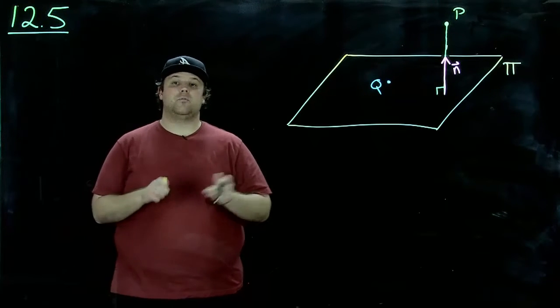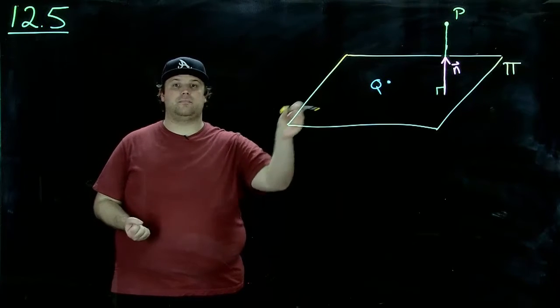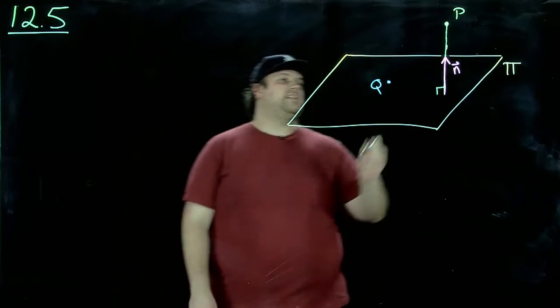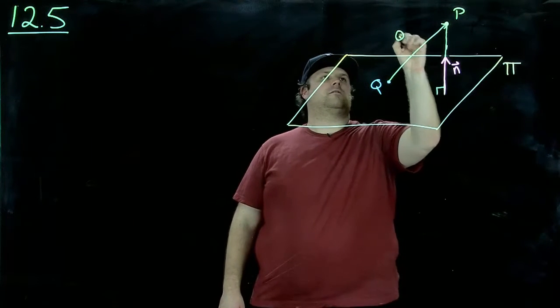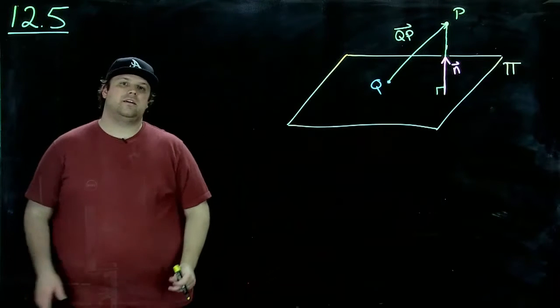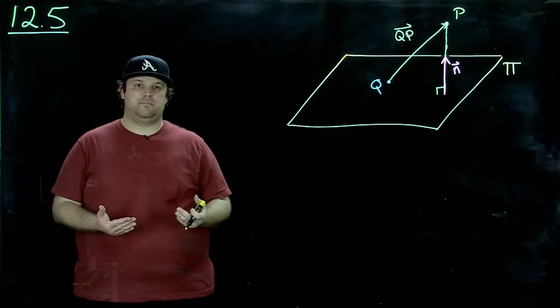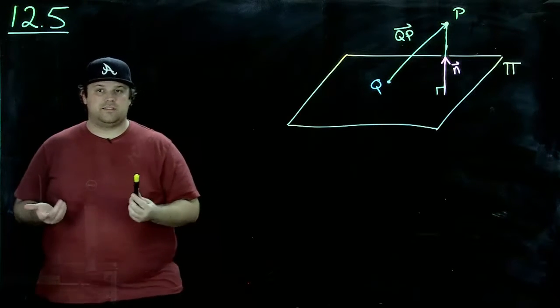Well, we now have a connection we can establish between the plane and the point. And that's this displacement vector here, QP. Right? We now have a connection between the plane and the point. What good does that do us, though?